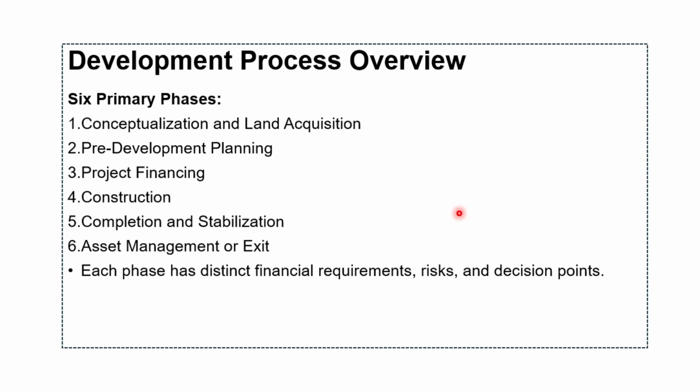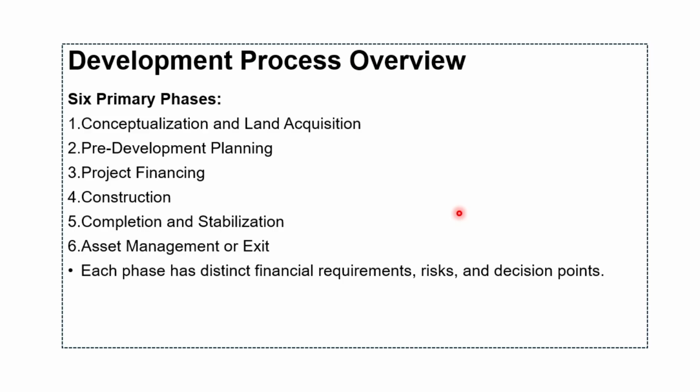Then we move to phase 2, which is pre-development planning, including detailed design development, regulatory approvals, and refined financing analysis. Then we have capital requirements, which are moderate at 3 to 5% of project cost, but these investments become sunk cost if the project doesn't proceed.